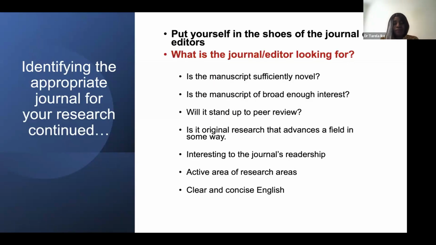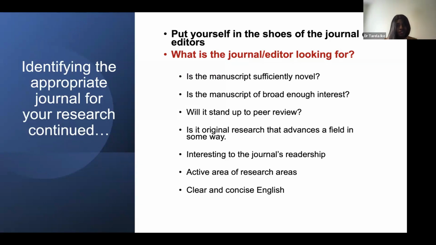Okay, so again, when you're identifying the appropriate journal, one other thing I would say as well would be to put yourself in the shoes of the journal or the editors. This is one thing I do consistently. Not just when I'm writing a journal article, even when I'm writing a grant, I swap sides. If I am the reviewer of this grant, will I be willing to part with my money for this research?